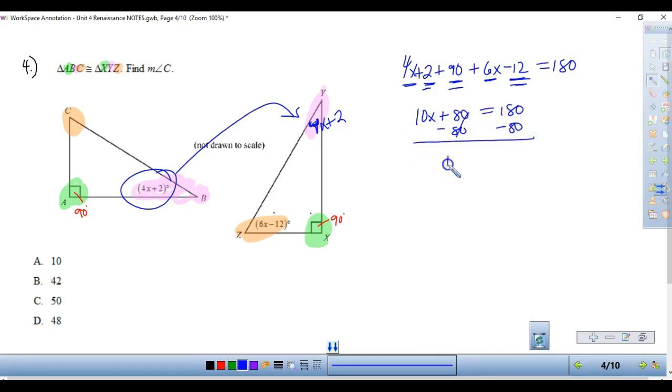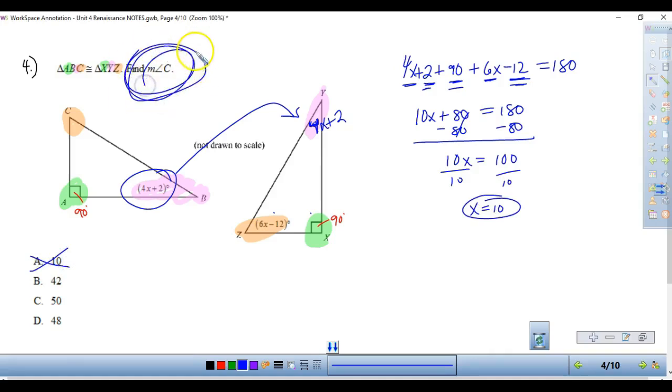This is all just your basic solving stuff that I expect you can already do. So I'm coming out with x equals 10. Is that what you got? So be careful. That's an answer here, but it didn't say find x. It might, but it didn't this time.